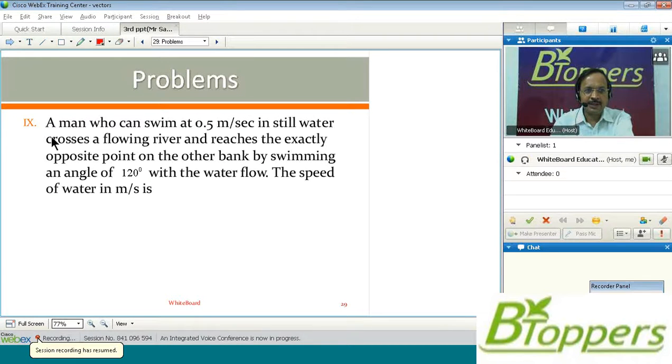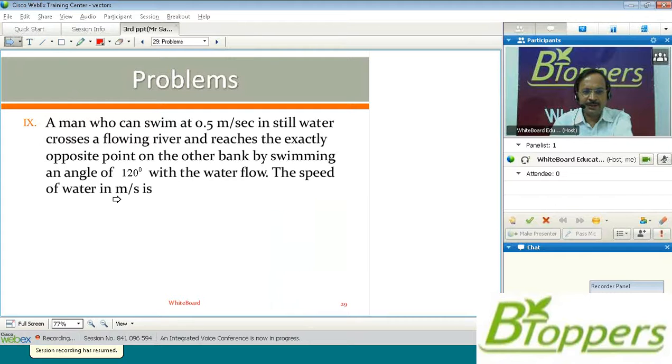Look at the next problem, problem number 9. A man who can swim at 0.5 meter per second in still water crosses a flowing river and reaches the exact opposite point on the other bank by swimming at an angle of 120 degrees with the water flow.